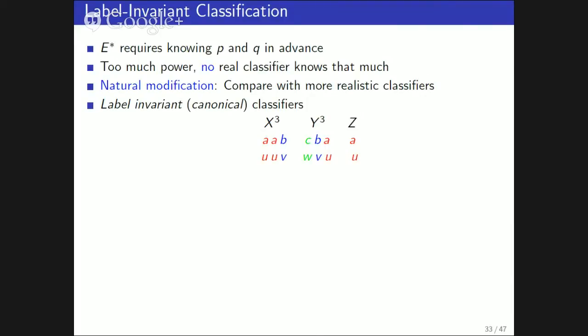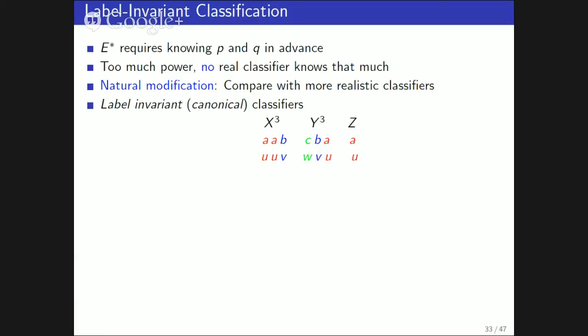So the issue is that if you take all of X, Y, and Z, and you consistently relabel them, both in X, Y, and Z, the conclusions should stay the same. So that's a label invariant classifier. If this were a classification of animals and this was a classification of cars, the new classification should be the same.